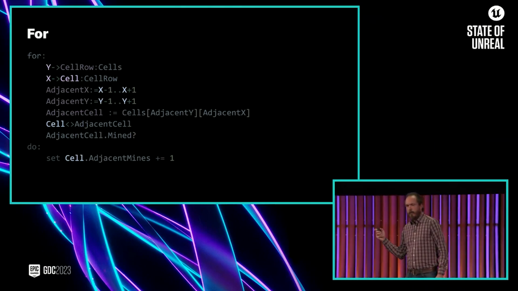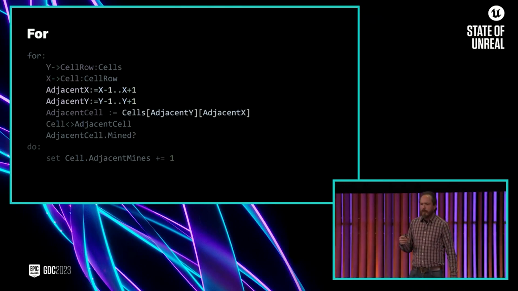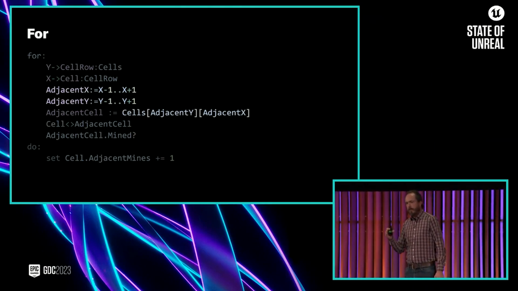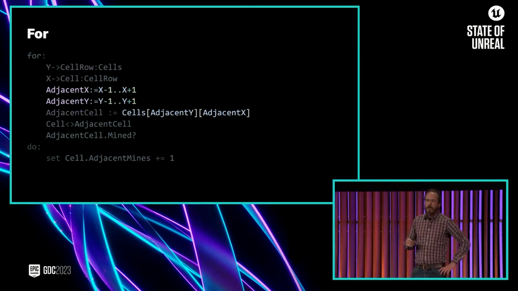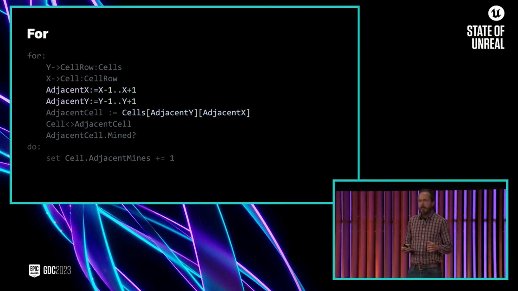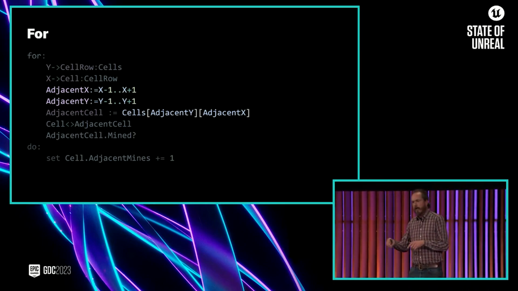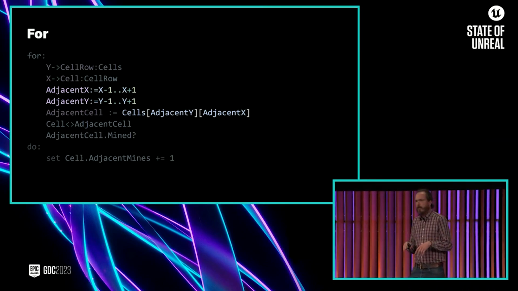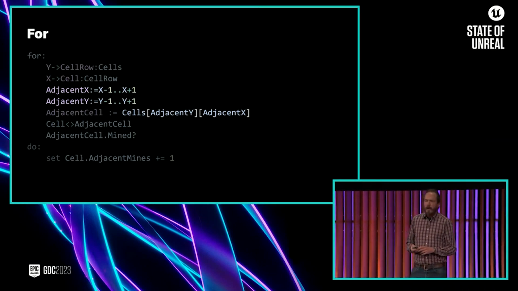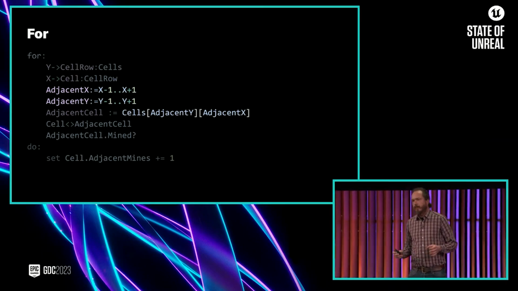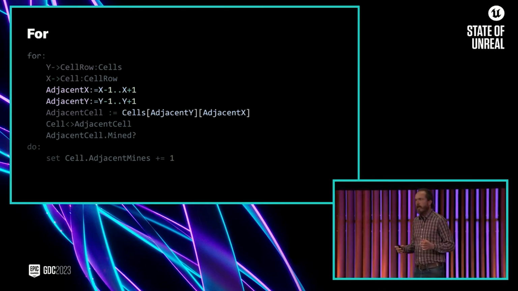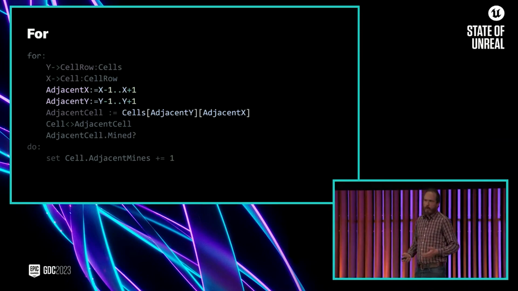But wait, it gets better. I can then use the range construct to loop even more within the same loop. Here, I'm looping over all of the adjacents, so all 9 adjacents, by just simply saying x minus 1 dot dot x plus 1 and y minus 1 dot dot y plus 1. And then when I access the cells array, notice that array accesses use the square bracket syntax. The square bracket syntax is a failable expression. When does it fail?